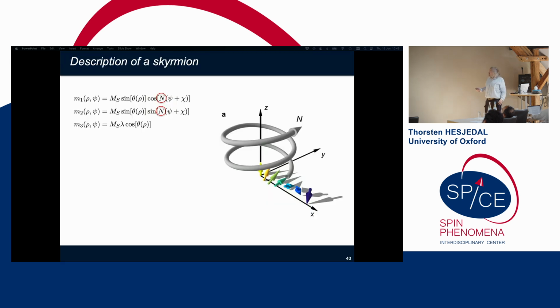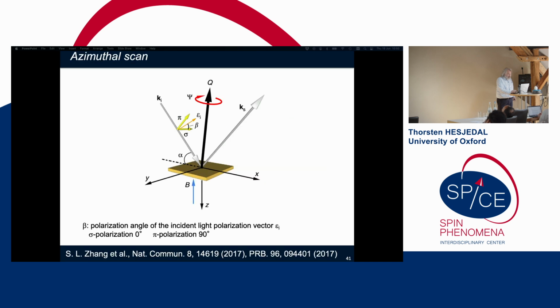Okay, and the other thing that is important to determine is the winding number of the Skyrmion. I will make an argument at the end of this section why I think that X-rays are really the best way for doing this. Just as a reminder, this is our scattering configuration, and I introduced a polarization angle, beta, for the linear polarized light.